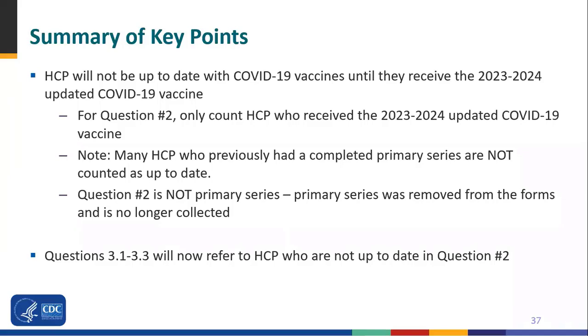Question number 2 no longer pertains to primary series, and this was removed from the forms, and data are no longer collected. And questions 3.1 to 3.3 now refer to healthcare personnel who are not up to date.